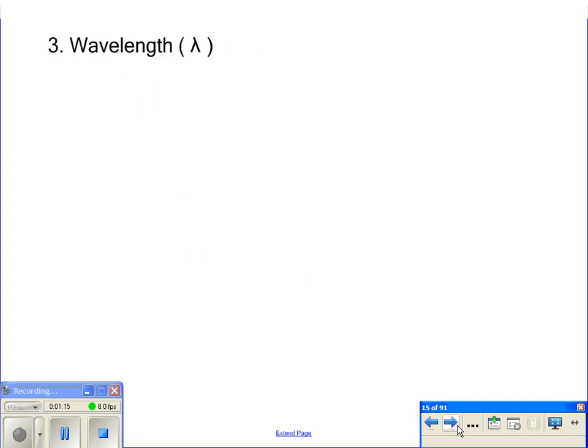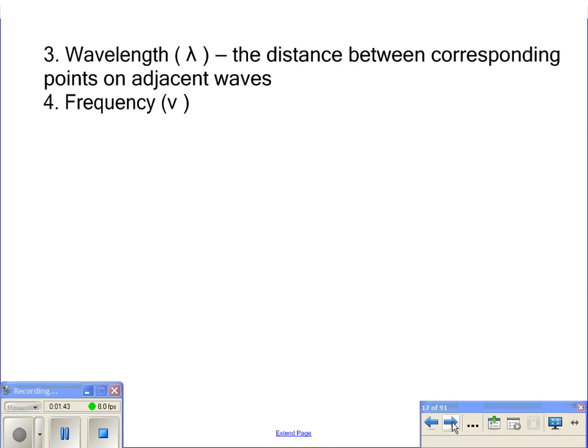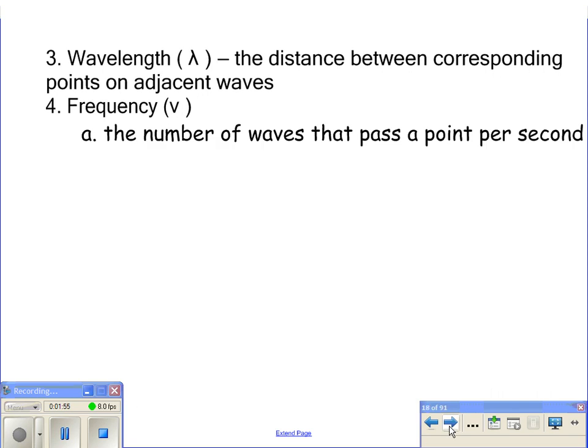The wavelength is the distance between corresponding points on adjacent waves. So if you've got a wave and you go from one point to the same point on the next wave, then that is its wavelength. The frequency is then how many waves pass a given point in 1 second.